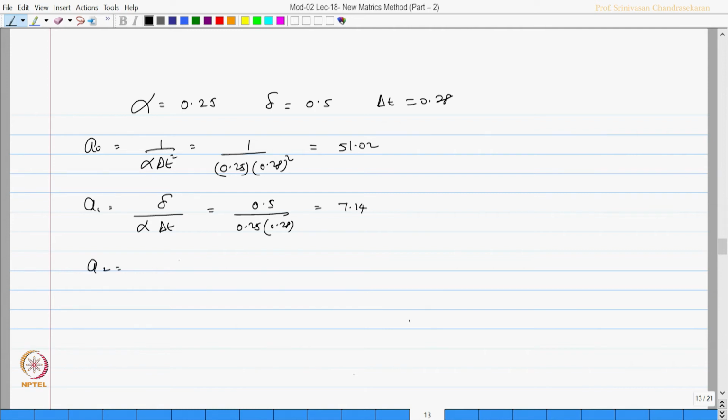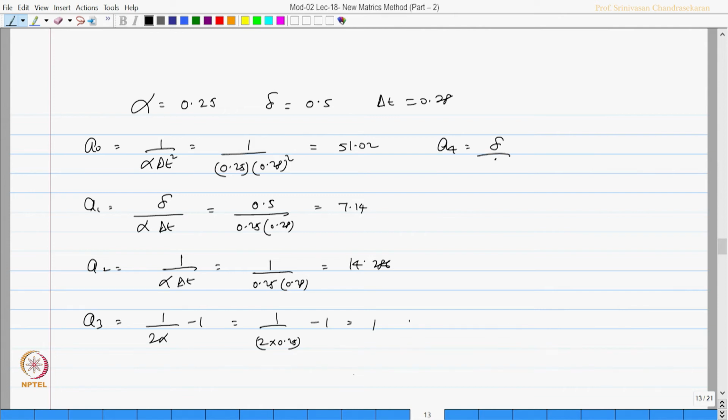A 2 is 1 by alpha delta t, which is 1 by 0.25 of 0.28, which is 14.286, and A 3 is 1 by 2 alpha minus 1, 1 by 2 of 0.25 minus 1, which is 1, and A 4 is del by alpha minus 1, which is 0.5 by 0.25 minus 1, which is 1.